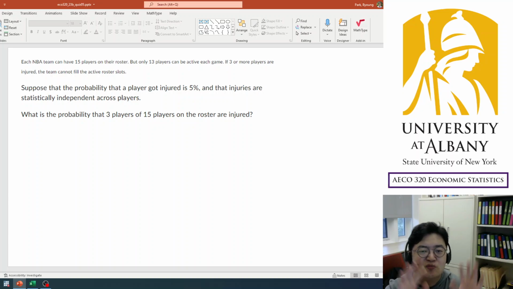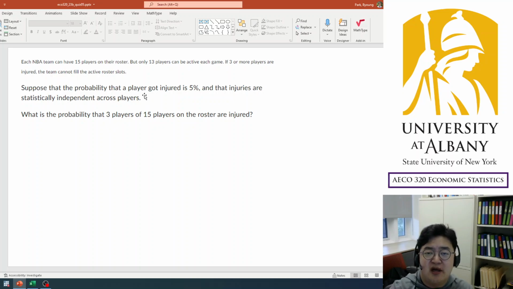Anyhow, the rule changed, but assume there are 15. They are only allowed to have 15 players on their roster. Basically the season roster can be 15, but each game they can activate only 13 of them, right? So that means if 3 or more players are injured, the team cannot fill the active roster spots, right?